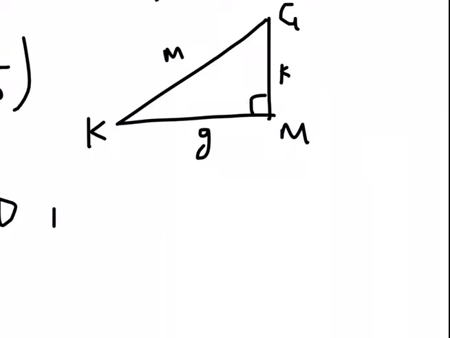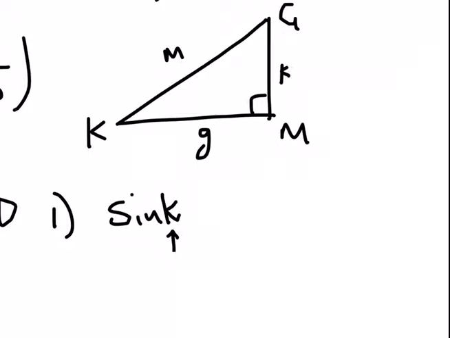So if I say to you, state the following in terms of G, K, and M, and number one, I say sine K. What I want you to do here is assume that K is the reference angle.